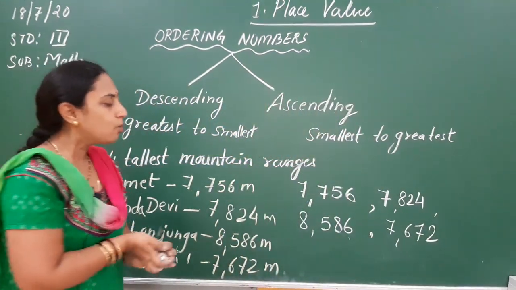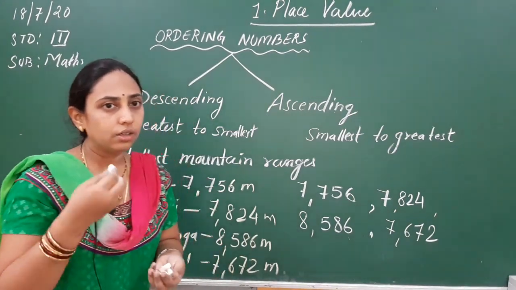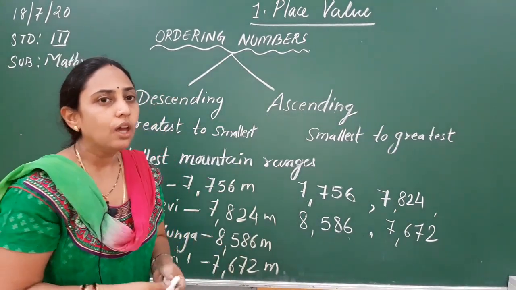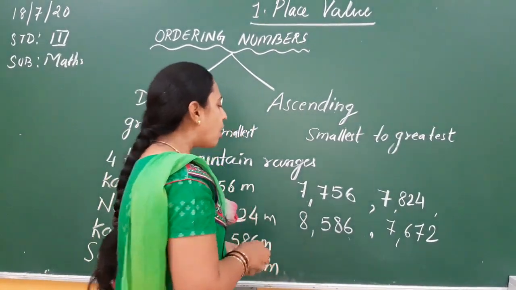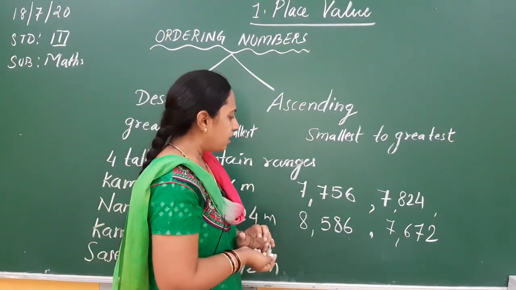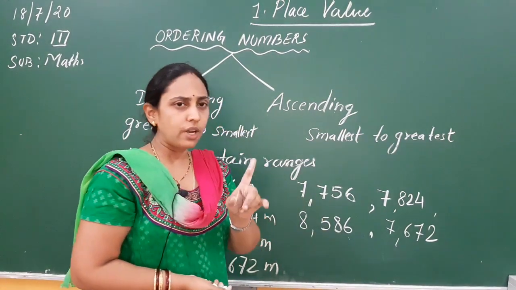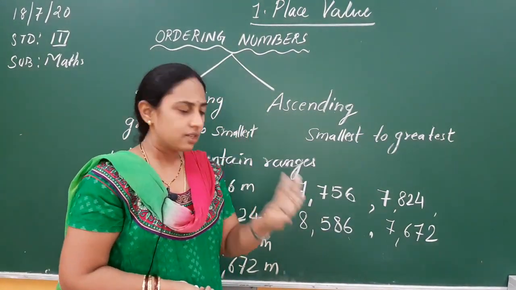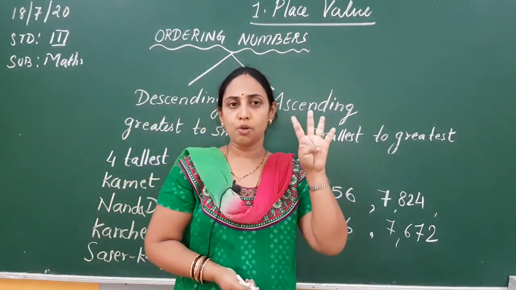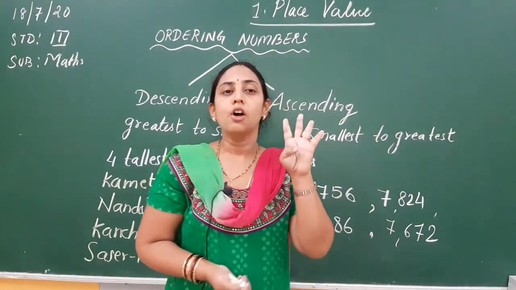Now we know the rules of comparing the numbers. When we know the rules, how can we compare them? First we will apply the first rule, count the digits. We are dealing with thousands, so 4 digits. 1, 2, 3, 4, 1, 2, 3, 4, 1, 2, 3, 4, all are having 4 digits.